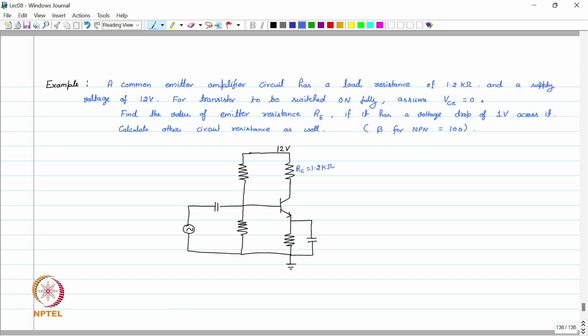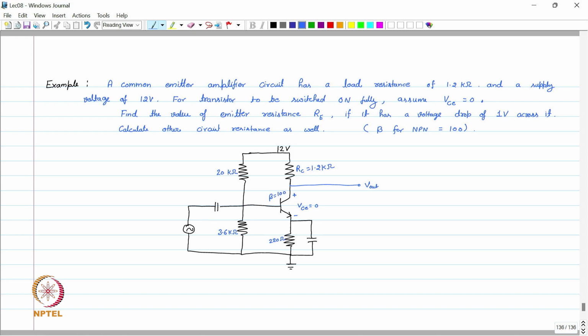The value of R1 will come as 20 kilo ohm and R2 is around 3.6 kilo ohm. The emitter resistance comes out to be 220 ohm. VCE we assumed 0 as given, and here at this point we take the output V out. These are the typical values of resistances that come out after calculation.